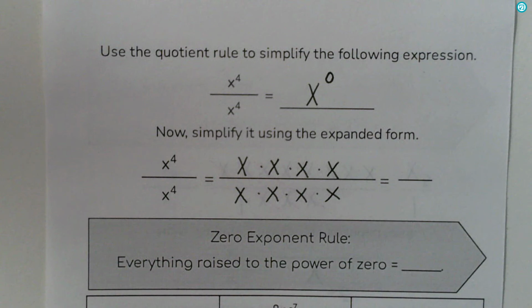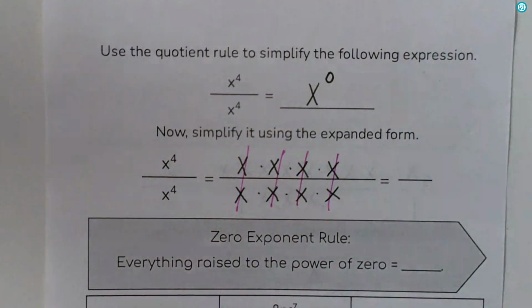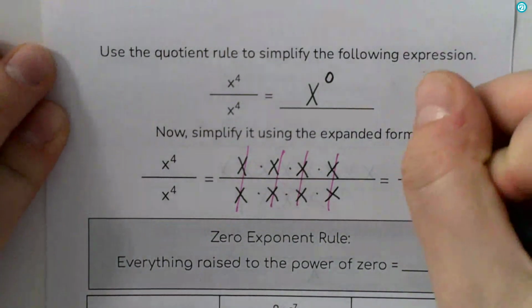How many of those x's can I cancel? All of them. So these cancel, these cancel, these cancel, these cancel. When we cancel something, though, what's x divided by x? 1. So anything divided by itself is 1. So once I cancel all this out, what am I left with? 1. So my answer to this is 1.